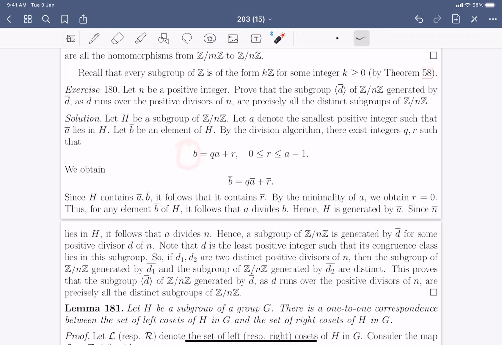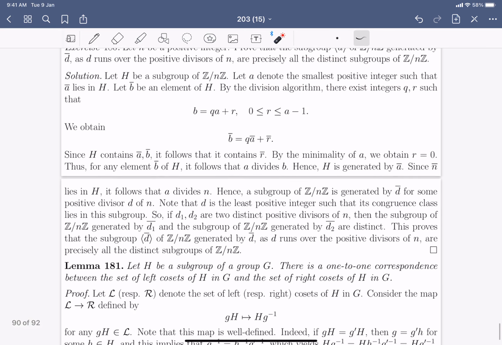So we express b as qa plus r, where r is an integer between 0 and a minus 1. One can do all this because you started with a positive integer a, and certainly b is an integer.